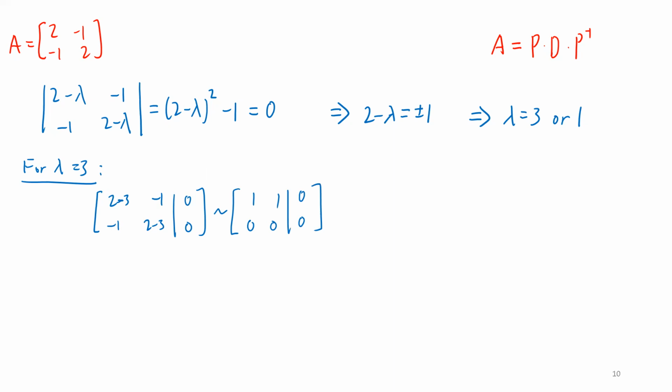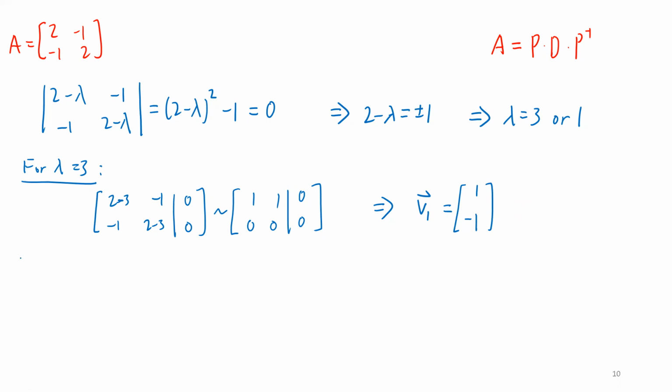Now you can conclude that the eigenvector for this eigenvalue is the non-trivial solution of x1 plus x2 equals 0. That is to say, the eigenvector is (1, minus 1), or it can be (2, minus 2), or (3, minus 3). If you want to normalize it, you put a prefactor of 1 divided by square root of 2 in front.